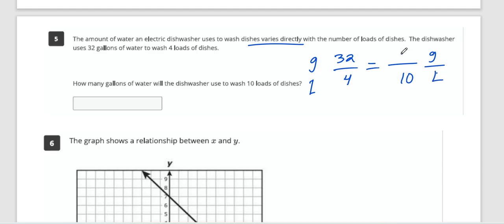So we're looking for the gallons. It's asking how many gallons. So that's it. So 32 over 4 equals G over 10.